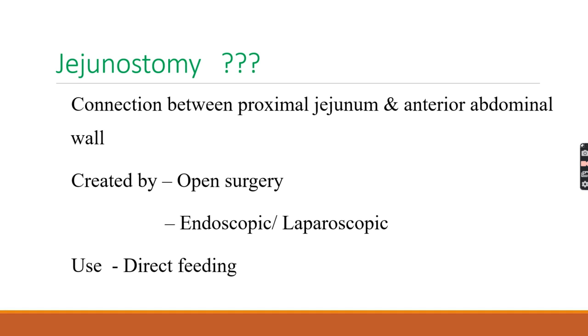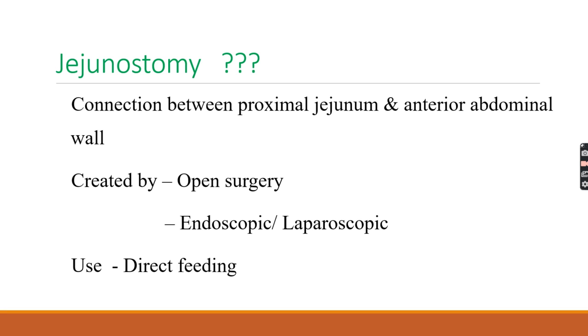Now the second one is jejunostomy. It is a connection between two structures. Always there is a communication between two structures. In this jejunostomy, the proximal jejunum and anterior abdominal wall are interconnected. Again, we can create it by open surgery, and if facility is available, even by endoscopic route, and if expertise is available, yes, we can go for laparoscopic method also.